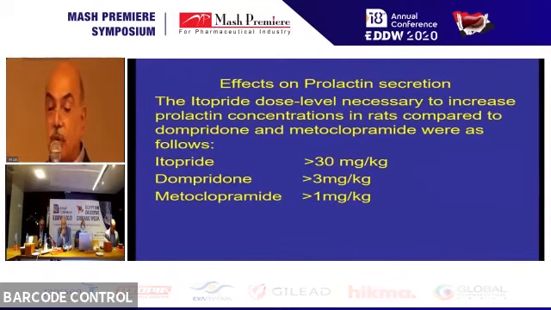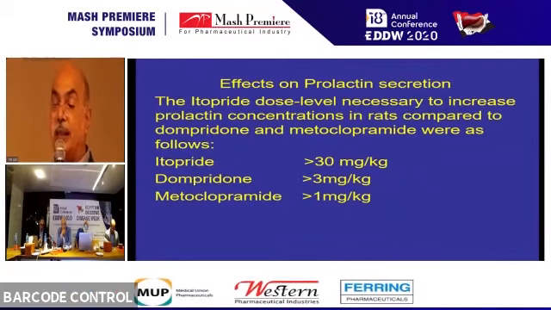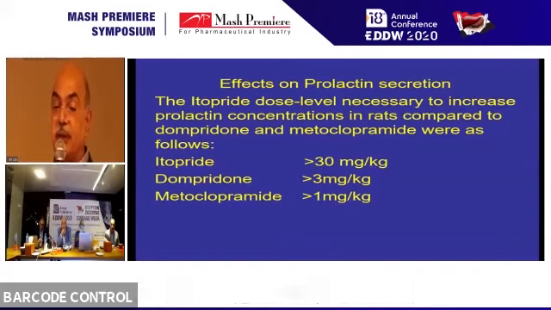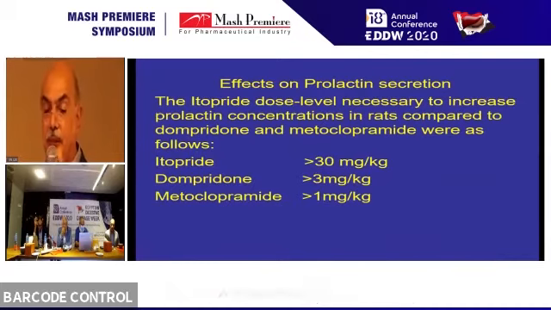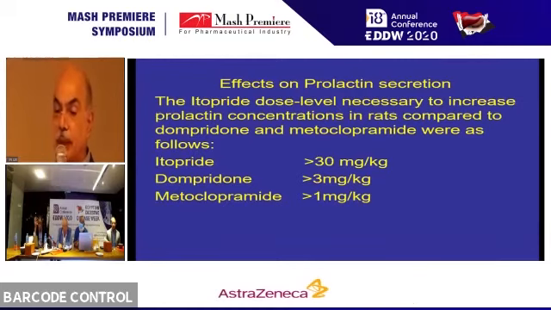Of course, hyperprolactinemia was a problem with the old drugs, but in a study comparing these drugs with itopride, they found that itopride must have a dose of more than 30 milligrams per kilo to induce some hyperprolactinemia, compared to domperidone, which is only 3 milligrams per kilogram, and metoclopramide, which is 1 milligram per kilogram.